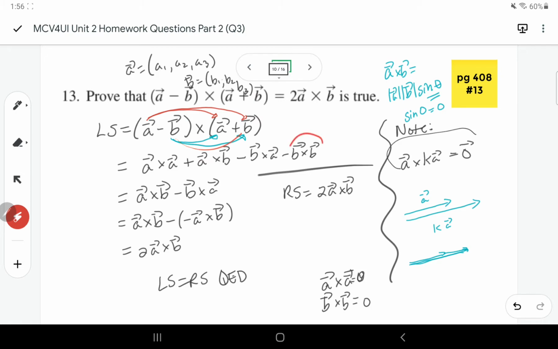And then we get minus B cross B. But knowing that scalar multiple or collinear or equal vectors would be 0, we get a 0 there, a 0 there, and we know that then minus B cross A is the negative of A cross B. So then that double negative would make a positive, so we'd have two A cross B's, which is our right-hand side.